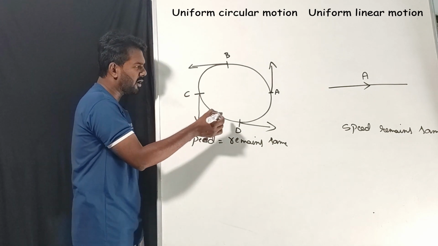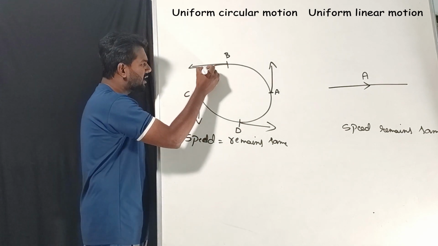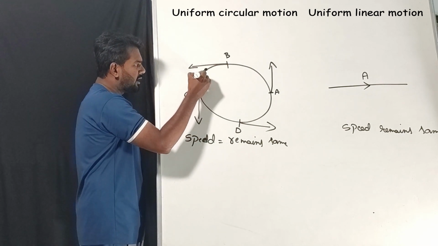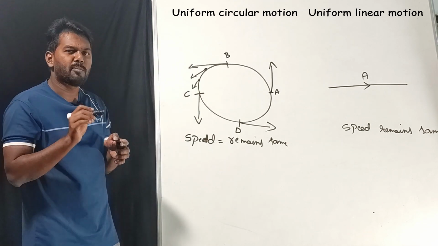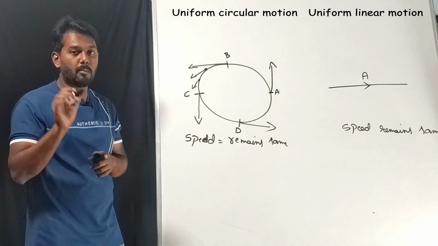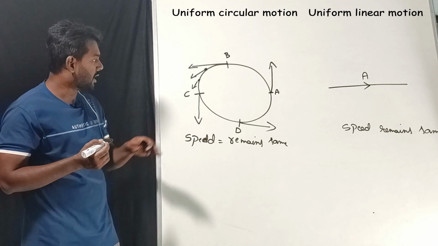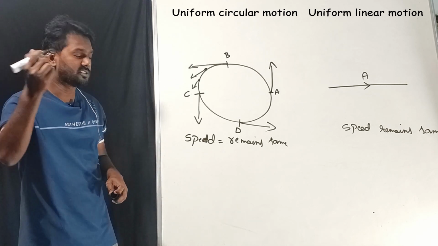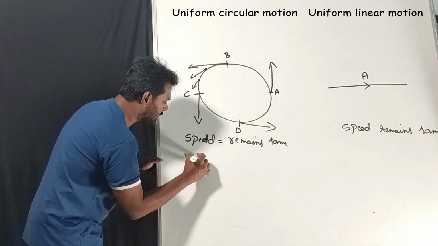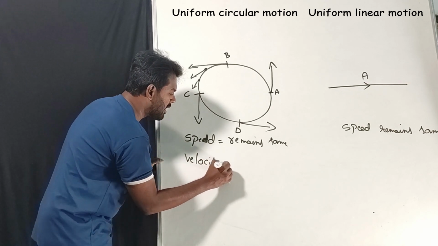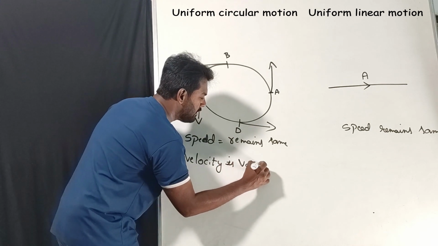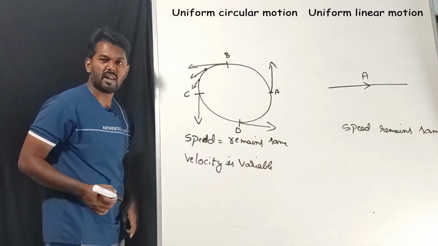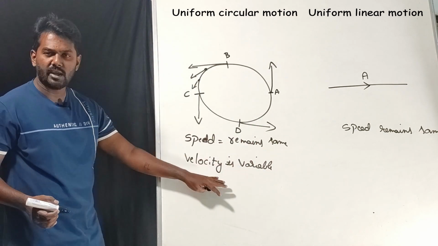At every point, we have taken only 4; you can take any point. So at every point the magnitude remains the same, but what about the direction? At every point direction changes. So velocity is variable. Velocity is a variable quantity in this case.